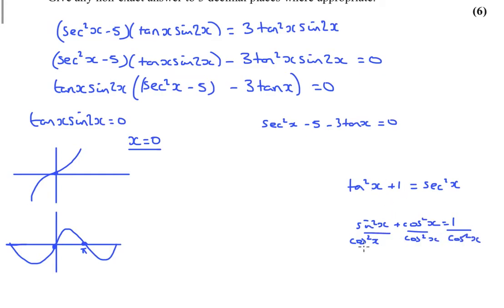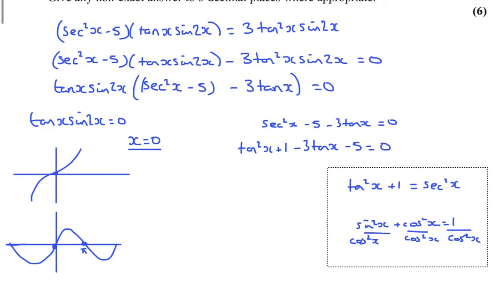which gets us to here. Sine squared divided by cos squared is tan squared, cos squared divided by cos squared is 1, and 1 over cos squared is sec squared. So we can swap this sec squared x for 1 plus tan squared x, or tan squared x plus 1. Minus the 3 tan x, let's do it in that order, minus 5 is equal to 0. Okay, let's get rid of this.